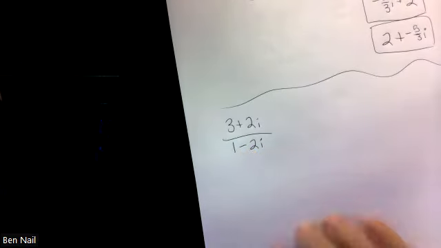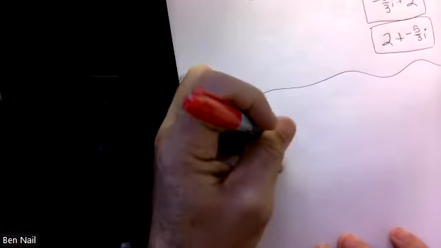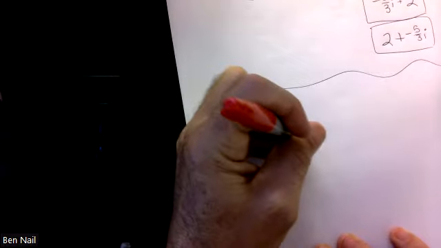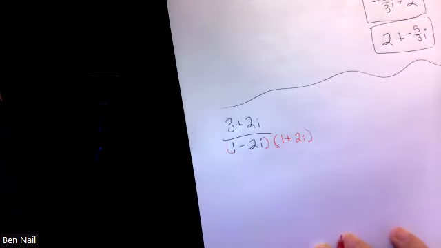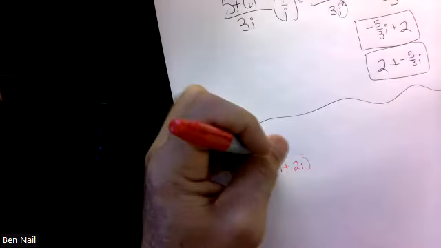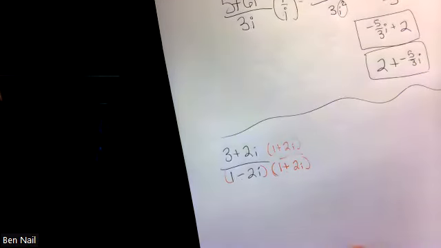Again, if they give you a plus or a minus, the only way to get rid of your radicals or your imaginary numbers when there's a plus and a minus is, again, to multiply by that conjugate. Same thing, different sign. Whatever you multiply to the bottom, you also have to multiply to the top.